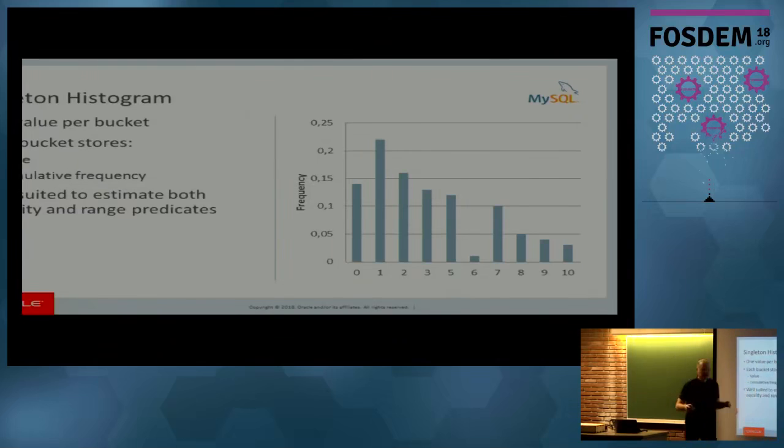This is very useful because since you have one bucket for each value, you can easily estimate both the equality frequency or the range frequency. If the column equals 0, you know it's 14%.